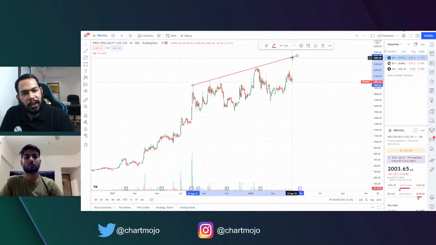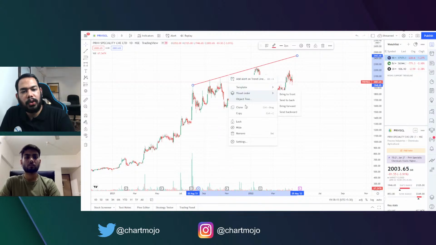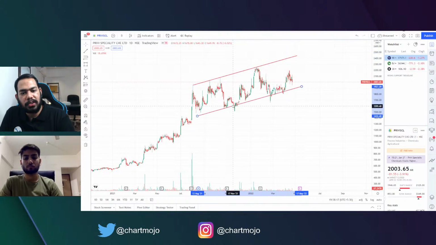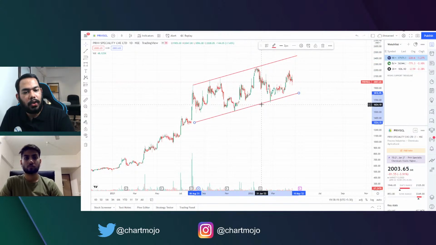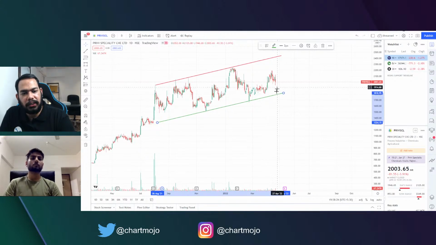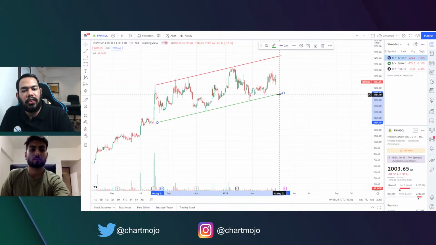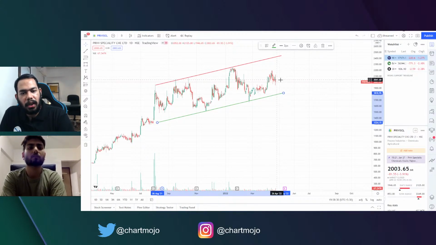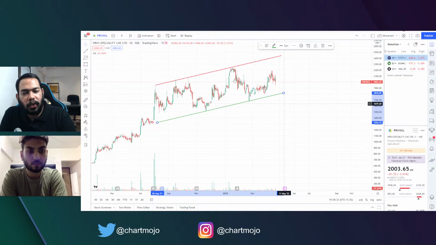And if someone is holding, then they can also wait for this target. Your stop loss will be clearly below this channel. When 1790 is taken out, one should exit, because then there will be a breakdown of this rising channel and you might see the stock falling further toward 1400 if the breakdown happens.